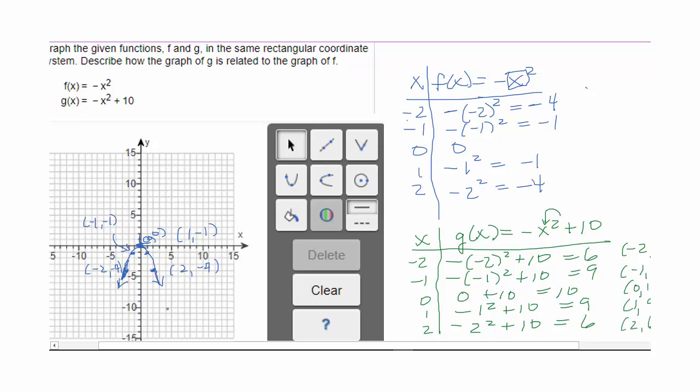So let's plot those points. I like to start with the 0, and 10 would be up here. And then negative 1, 9 would be about here. Negative 1, 9. And the only reason I'm making little x's is just because it's a flaw in the program. When I make a little dot, sometimes weird things happen.